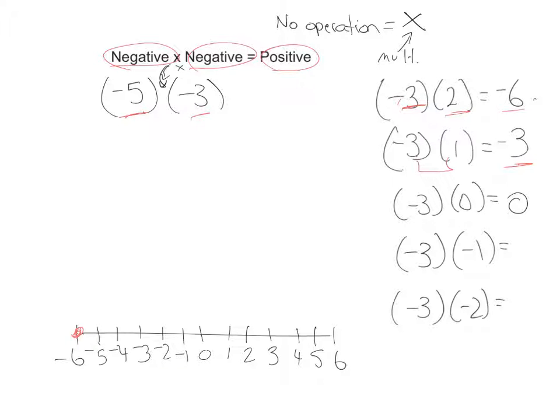Negative 3 times 1 was negative 3. We just jumped up 3. Negative 3 times 0 was 0. Again, we jumped up 3. Now, if you were guessing negative 3 times negative 1, because we're just declining by 1 each time, the next value we would predict if we jump forward 3 would be 3.